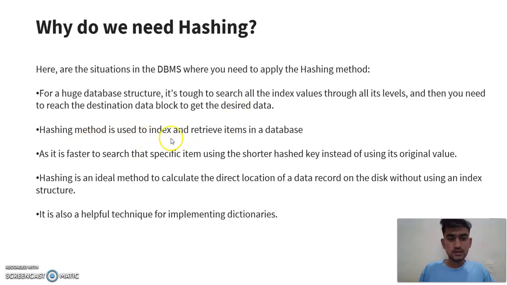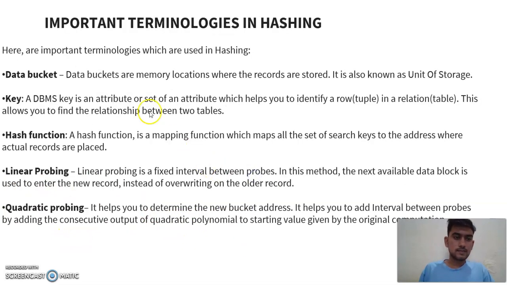The hashing method is used to index and retrieve items in a database. It is also the fastest way to search the specific item using a shorter hash key instead of using its original value. So hashing is an ideal method to calculate the direct location of a data record on the disk without using any index structure. It is also a helpful technique for implementing dictionaries.